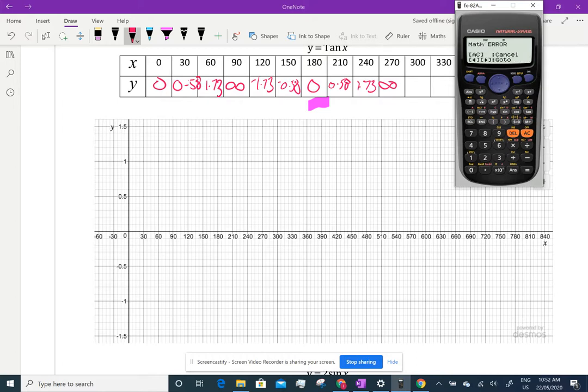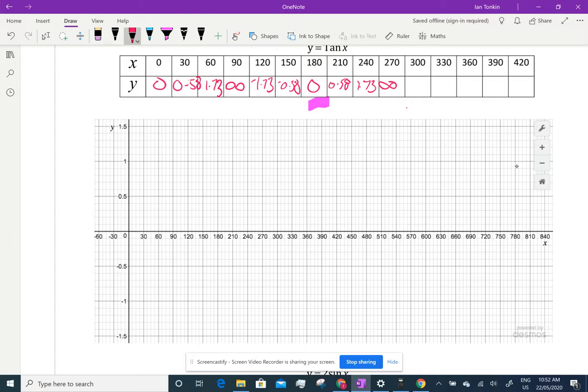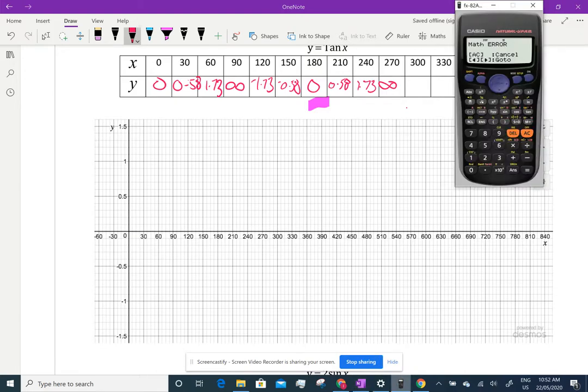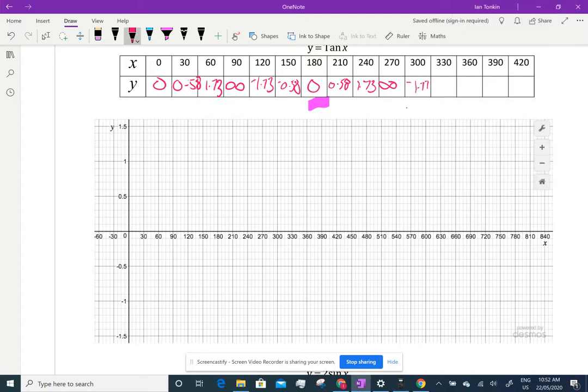All right. Now, so it was positive, negative, positive. Wonder what it'll be here. Tan 300. Now, what do you think? Should be 0.5. What do you reckon? It's at negative again, so it's gone back down. Negative 1.73.